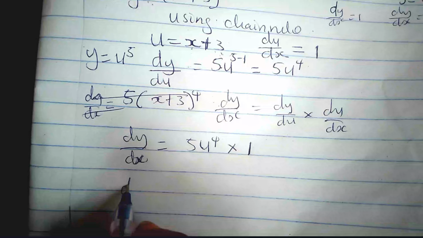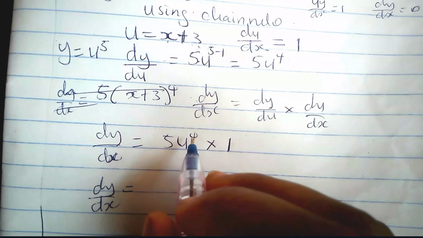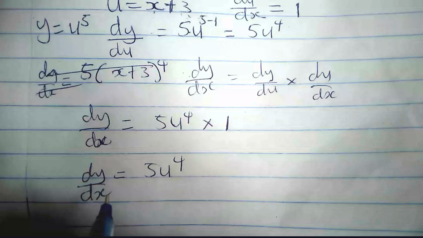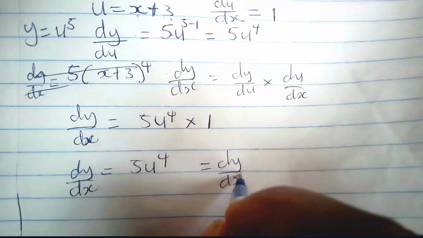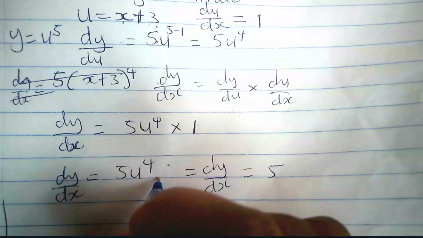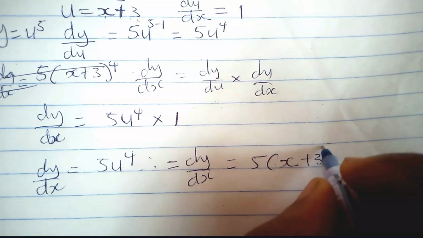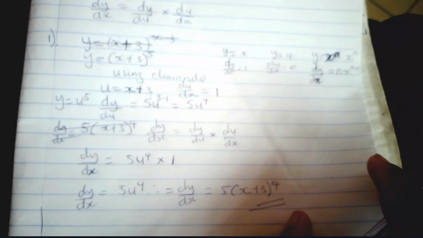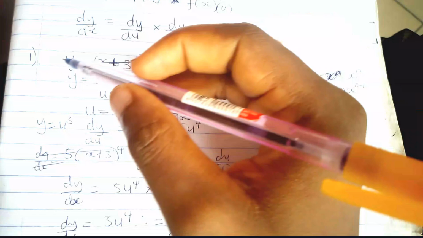So dy/dx is equal to 5u raised to power 4. We substitute the value of u back into the equation, because we're asked to find dy/dx, not dy/du. So dy/dx is equal to 5 times (x plus 3) raised to power 4. And that's our answer. You see, I found the derivative of this using the chain rule.